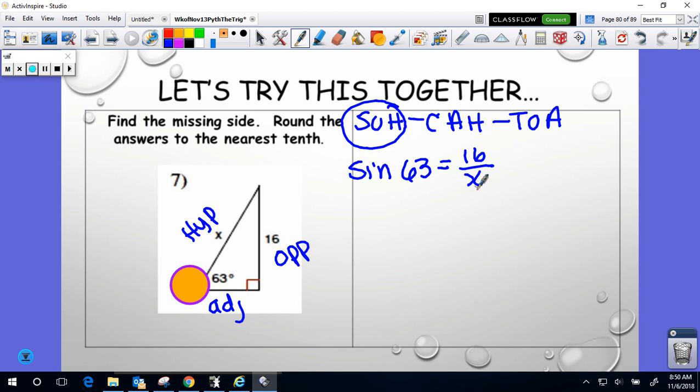That's opposite over hypotenuse. So I'm going to draw my circle in here, and this circle is going to help me to solve this. So I'm going to put my sine of 63 in this circle, and then I'm going to put my opposite up here, and then my hypotenuse goes here, which is x.